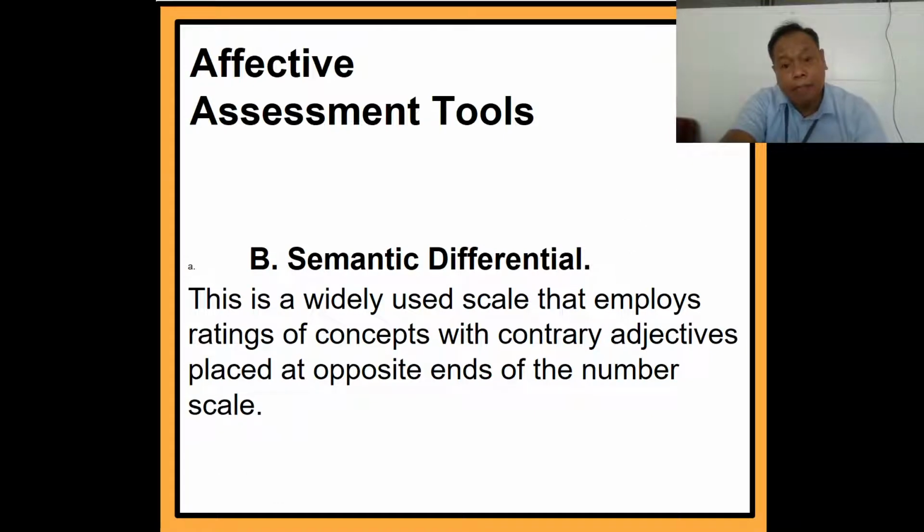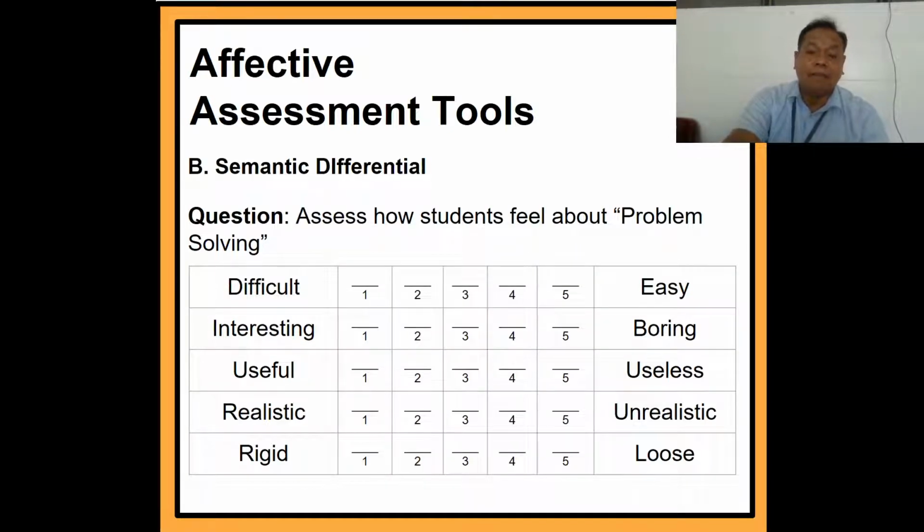The second self-report questionnaire is the so-called semantic differential. This is a widely used scale that employs ratings of concepts with contrary adjectives placed at opposite ends of the number scale. For example, assess how students feel about problem solving.